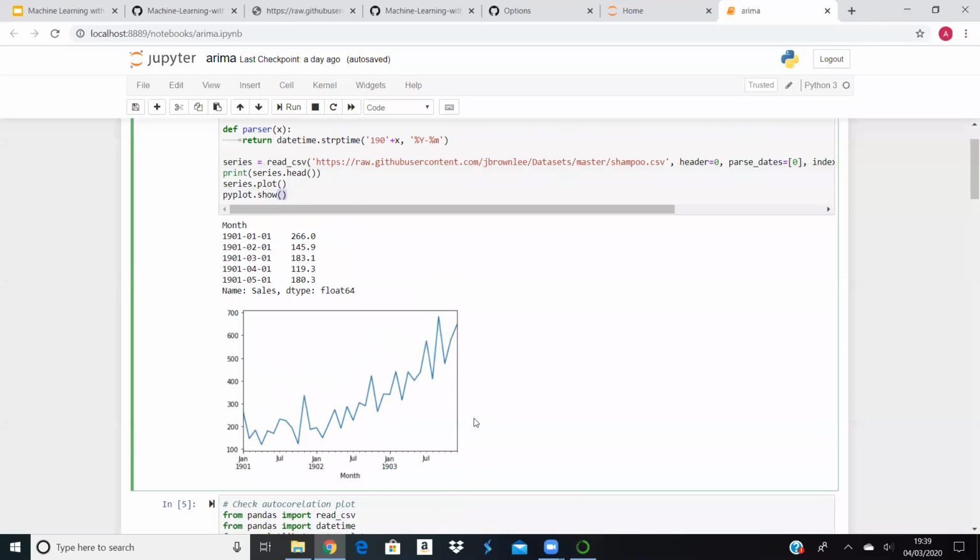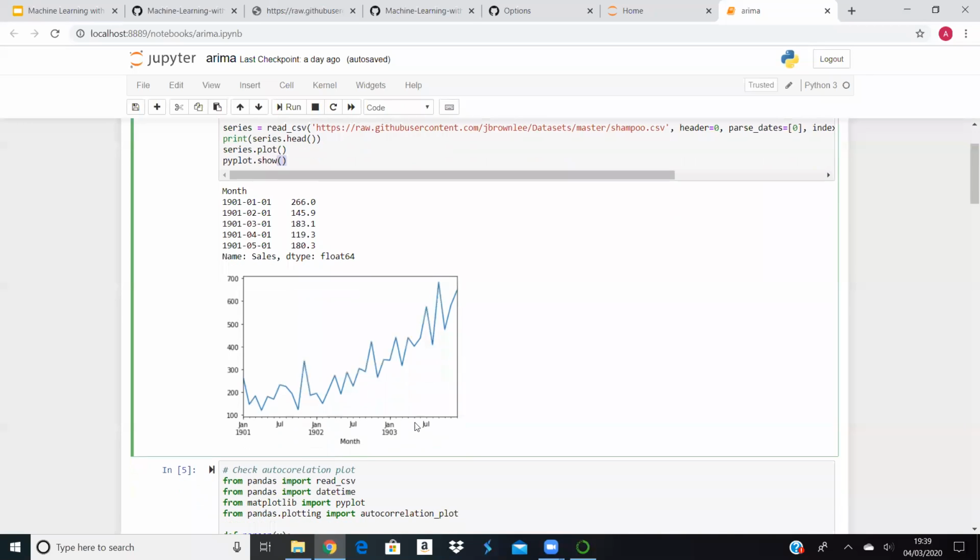So this is the first plot of our time series. It shows change in shampoo sales from January 1901 to the end of 1903. If you see, it is increasing, but there are a lot of changes here. It's not easy to analyze this data.